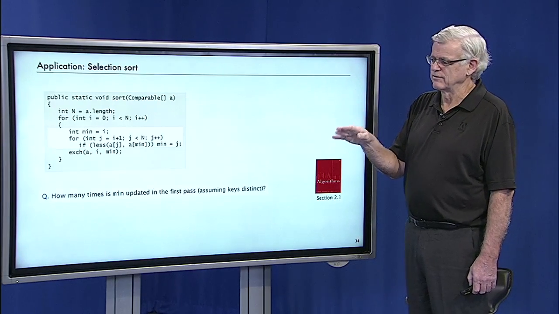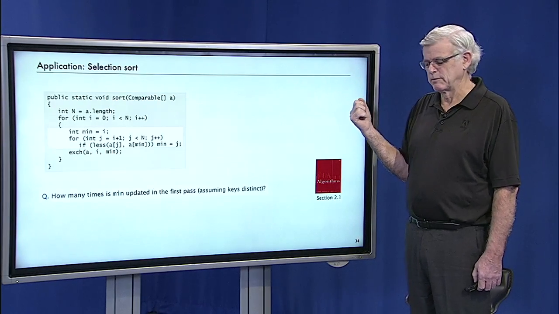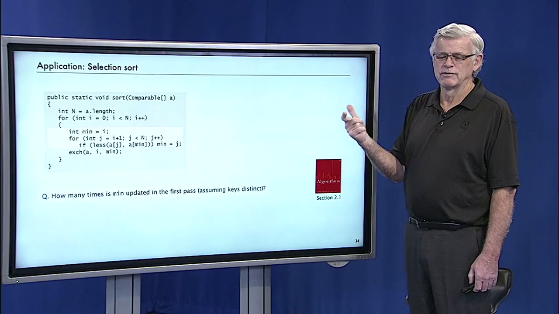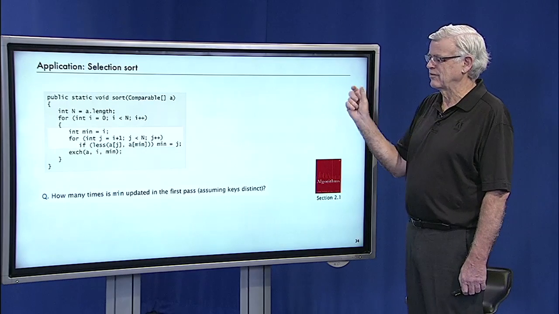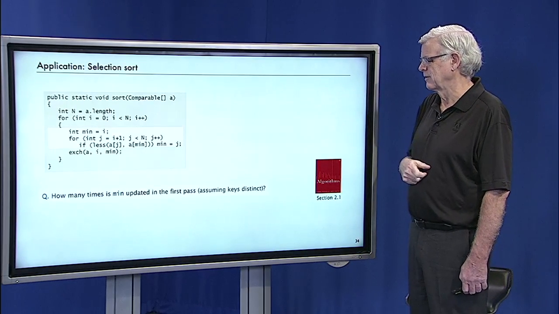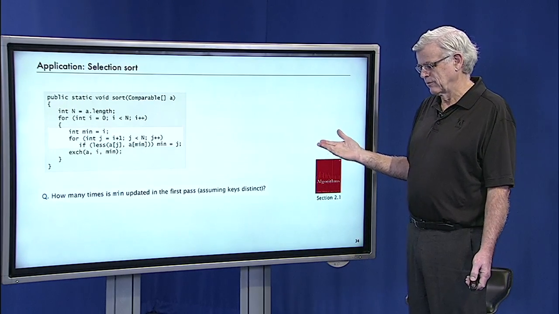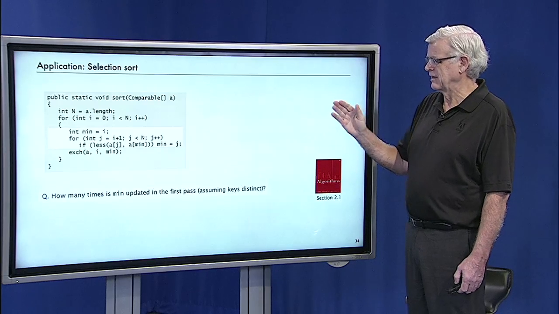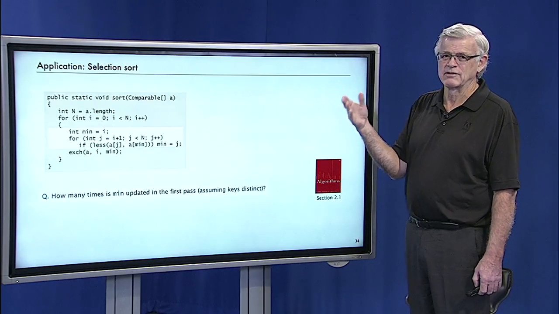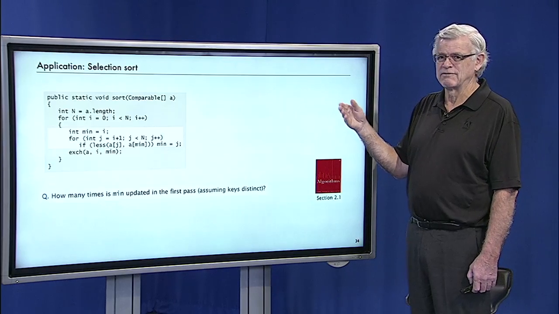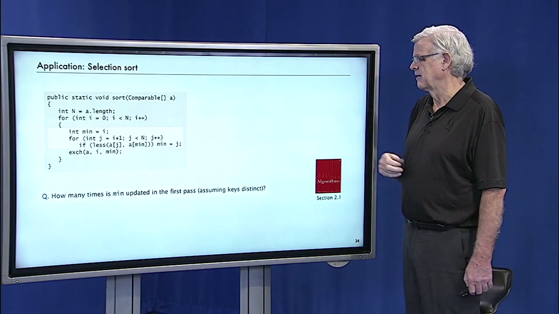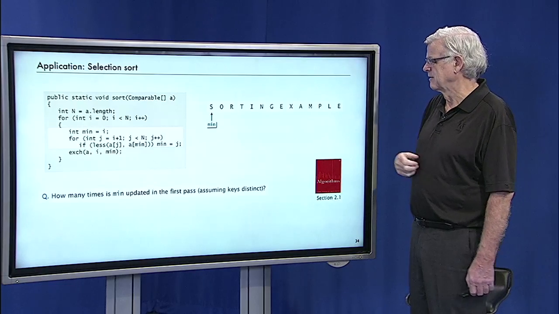The first thing it does is find the minimum element in the permutation and exchange that with the first. Then it finds the minimum in what remains and exchanges that with the second, and so forth. The first question is how many times a variable that keeps track of the current minimum in this code is updated, assuming that all the keys are distinct.